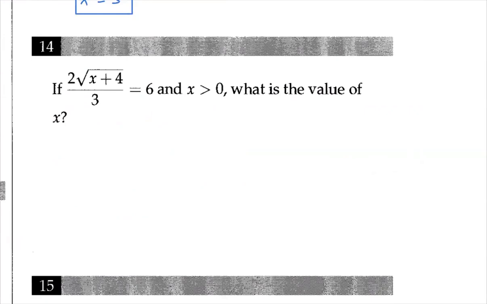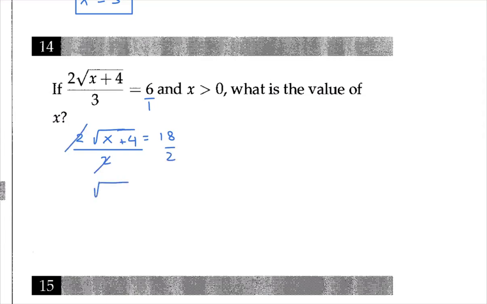Question number 14. 2 times the square root of x plus 4, over 3, equals 6. And x is positive, x greater than 0. What is the value of x? So here, guys, what do you think? What is the first step we should do here? We can start by cross multiplying. So here we will get 2 square root of x plus 4 equals 6 times 3, which is 18. Then we can cancel this 2 by dividing both sides by 2.